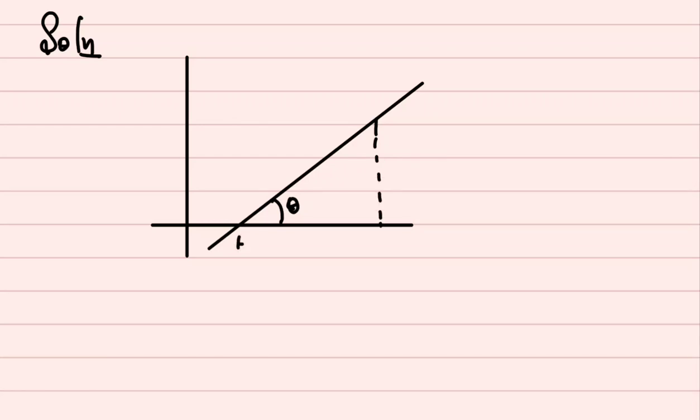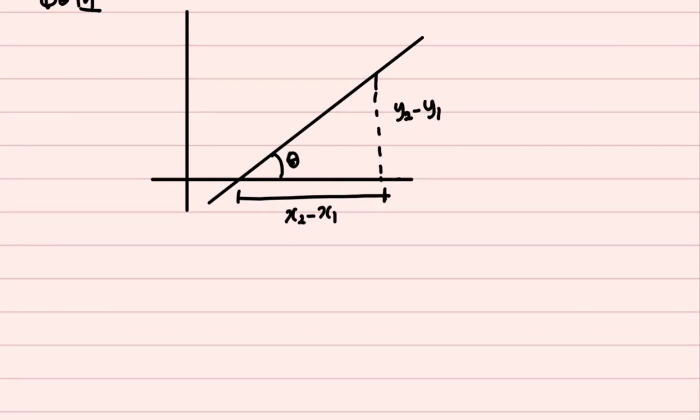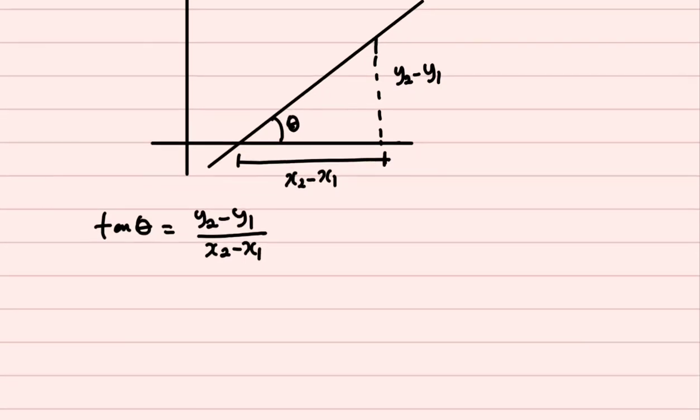Good. So from here to here is my change in the x-axis, which is going to be x2 minus x1. Then from here to here, I'm going to have y2 minus y1. Now, do you know that tan theta in this case is y2 minus y1 all over x2 minus x1?